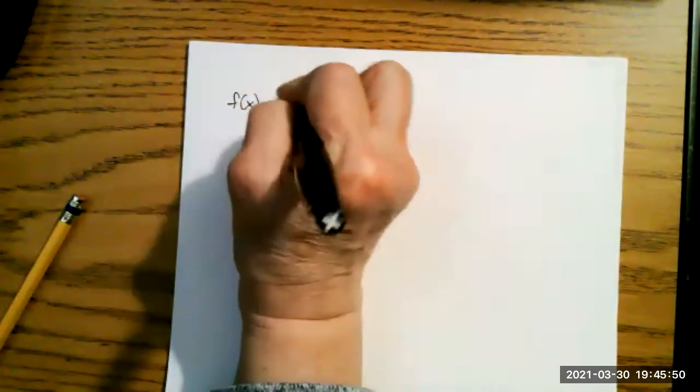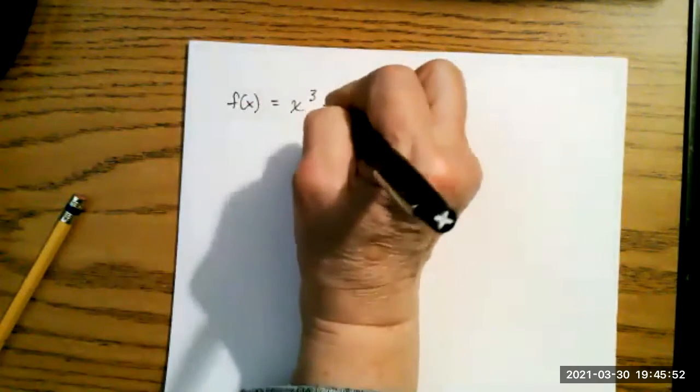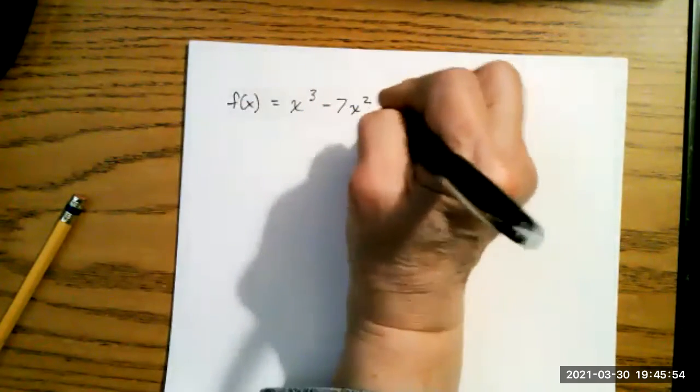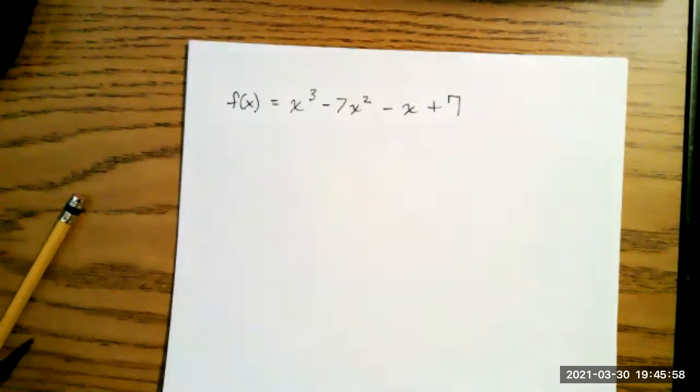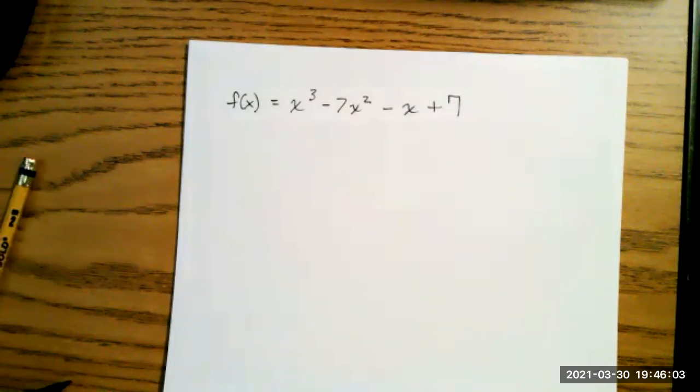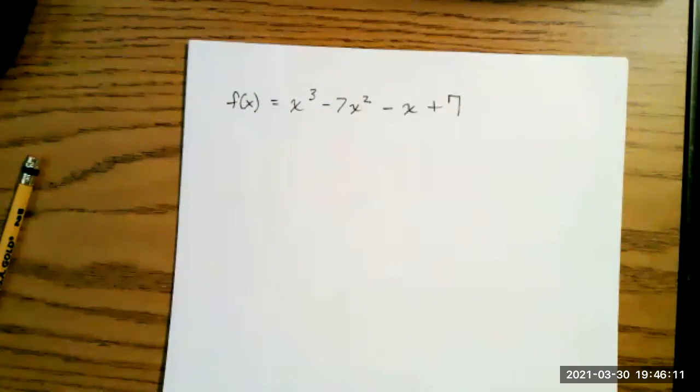It's a pretty big section too. If you have a f of x equals x cubed minus 7x squared minus x plus 7, we have to factor that. Can anybody tell me, how do I factor something with 4 terms? We did this when we did AC trinomials.